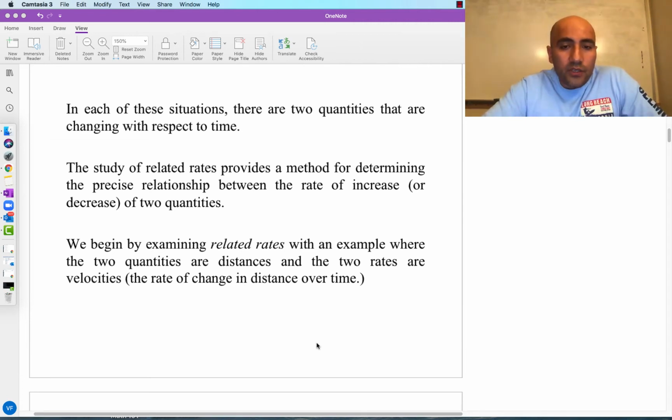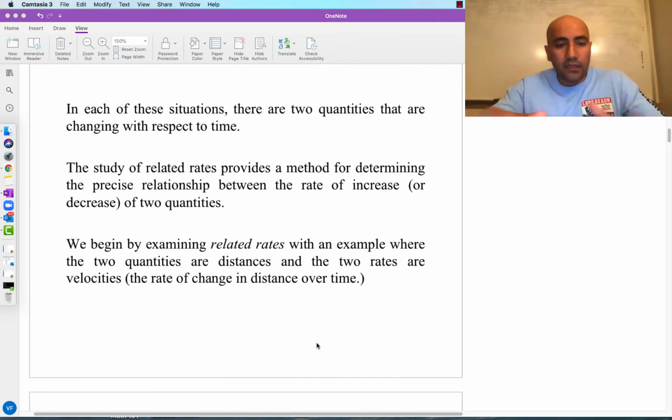In business, of course, marginal is another keyword. The marginal cost, marginal profit, marginal revenue, right? How is the revenue changing? How is the revenue increasing or decreasing, right? So these are all keywords that we use to represent the derivative, right? The derivative is the instantaneous rate of change of the underlying function.